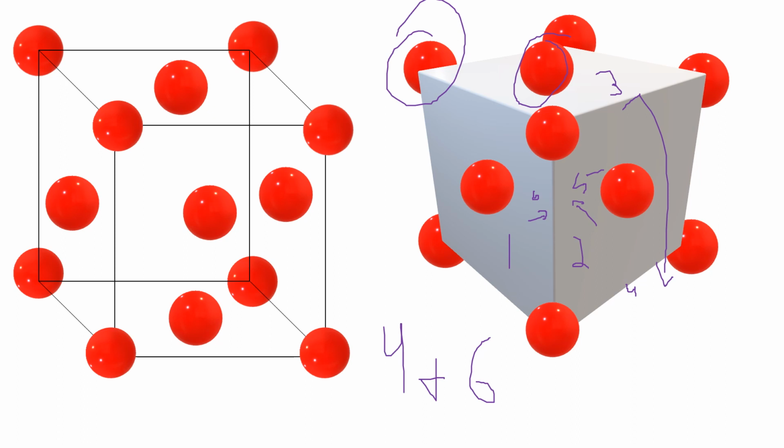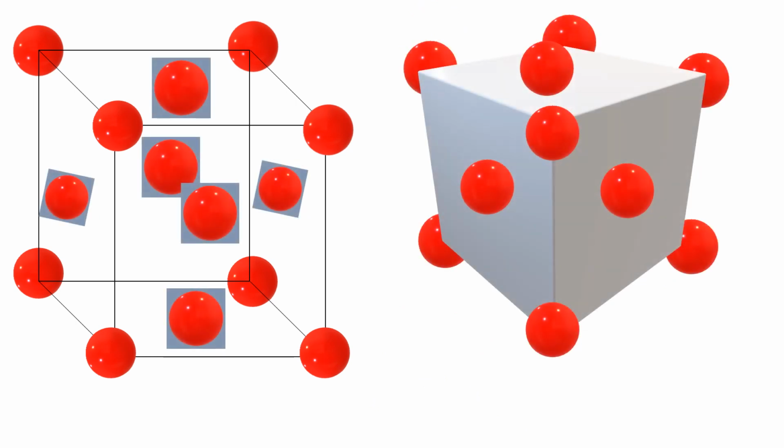So we came to know that there are basically 6 faces. Now, these chlorine ions are placed at the corners and the faces. Now, I have highlighted the ions present on the faces. This is how they look.